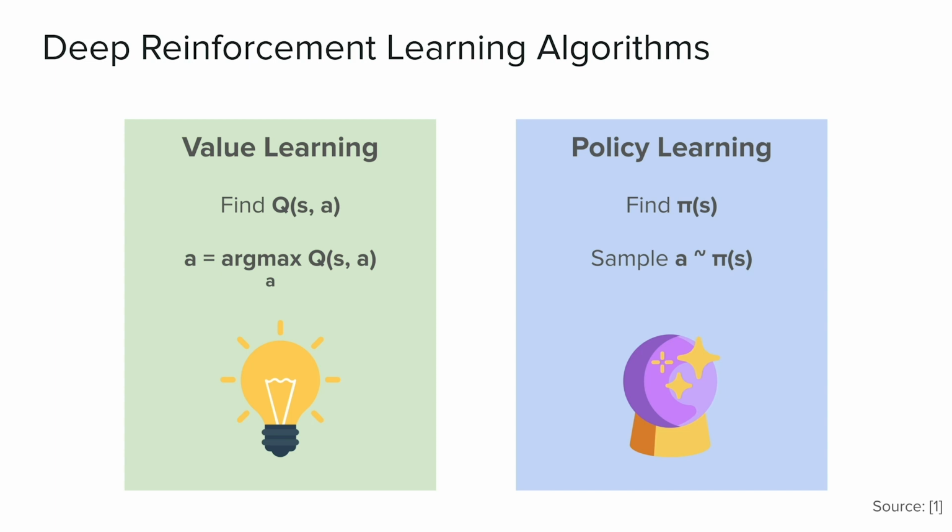Whereas a policy learning algorithm would say, please directly learn the policy which says which action I should take. So we learn a probability distribution over actions, and then we sample from that distribution, which, if it learns the perfect underlying distribution, will give us the perfect outcome.